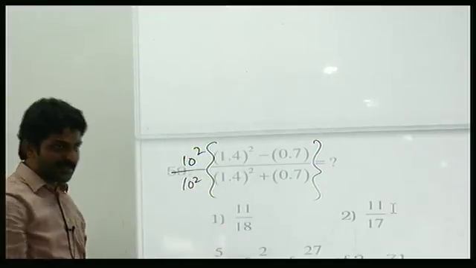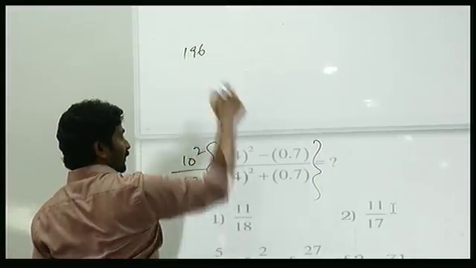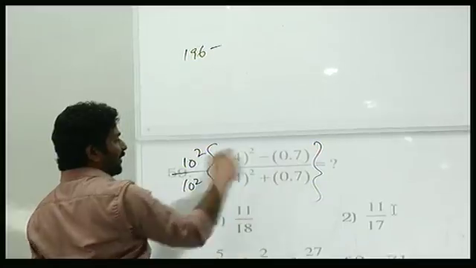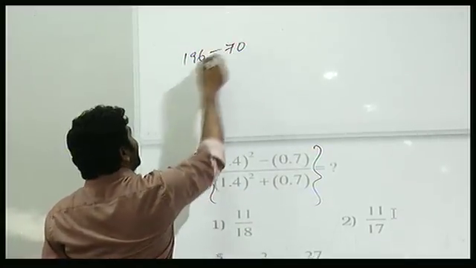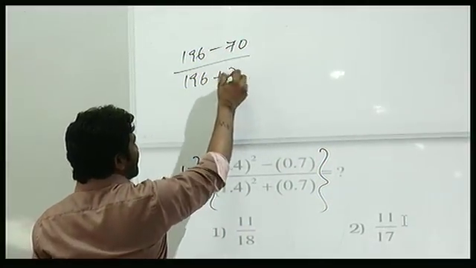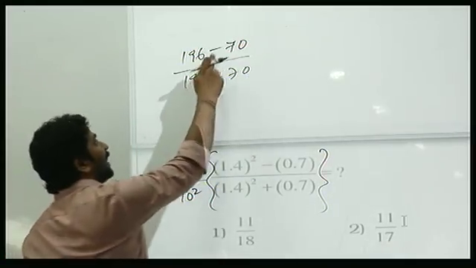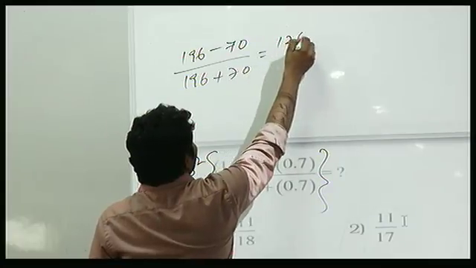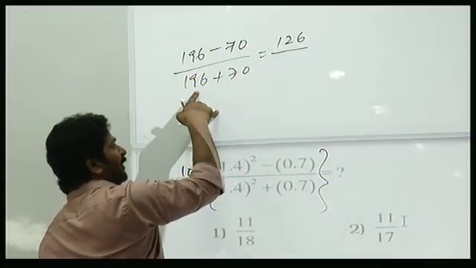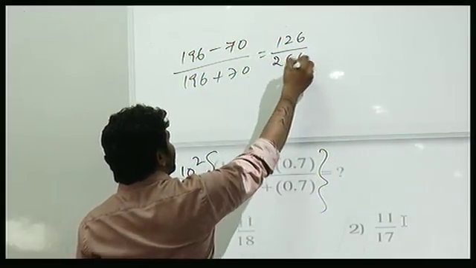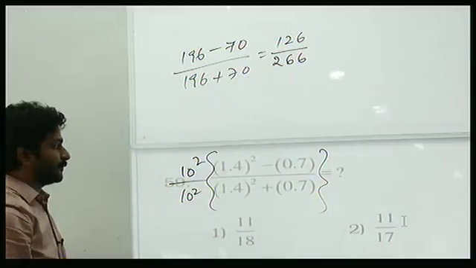This becomes 14 square, which is 196, minus 0.7 into 100, 70. So denominator will be 196 plus 70, because minus and plus, that's the only difference. If you subtract 70 from this number, that will be 126, and add 70 to this number, 266. Yes or no? Right.